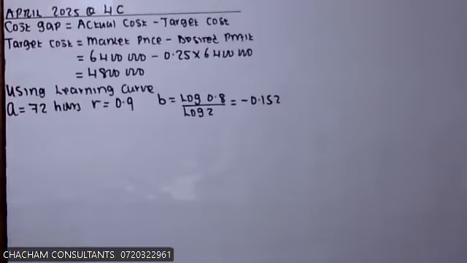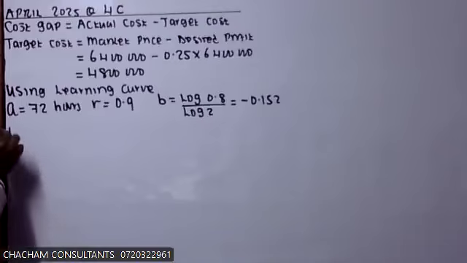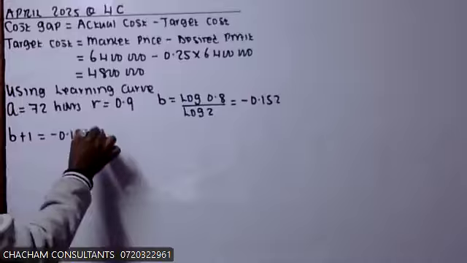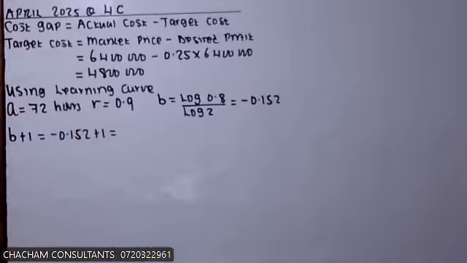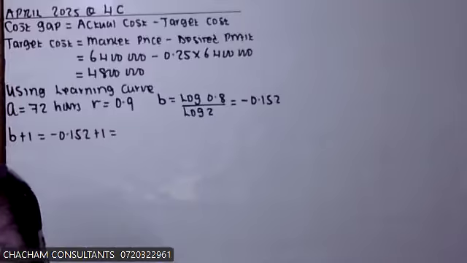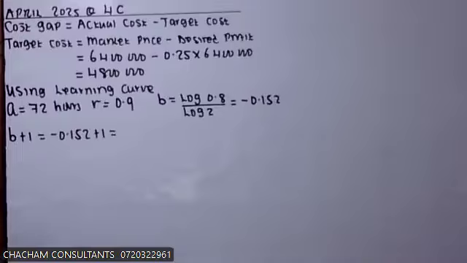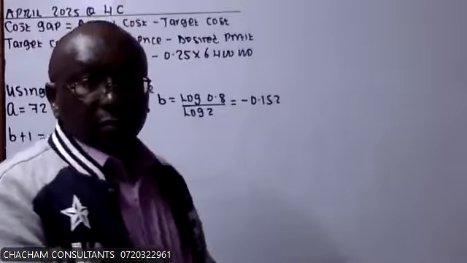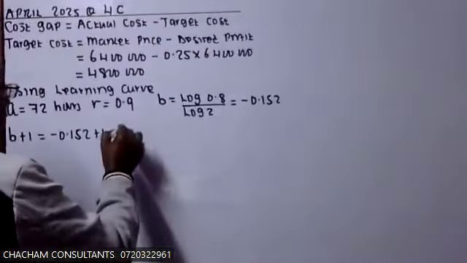Good. Then the next thing is B plus 1, which is minus 0.152 plus 1, which is 0.848.